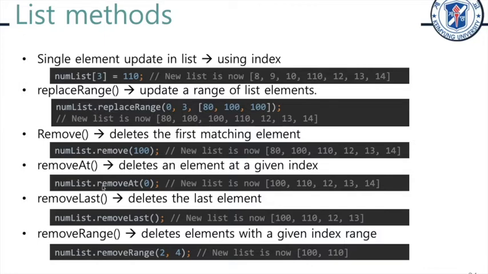You can remove an element from the list by giving the value of the element, or you can remove the element at a given index, or you can remove the last element, or you can remove a range of elements. So you can see the change in the list while using all of these methods.